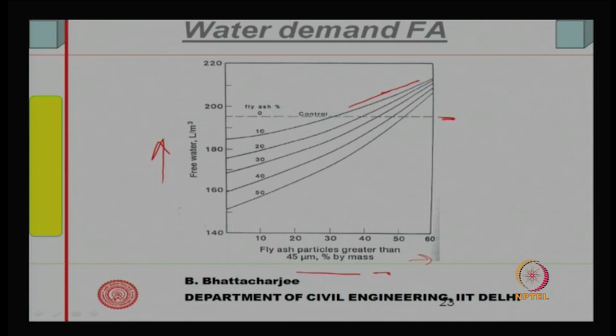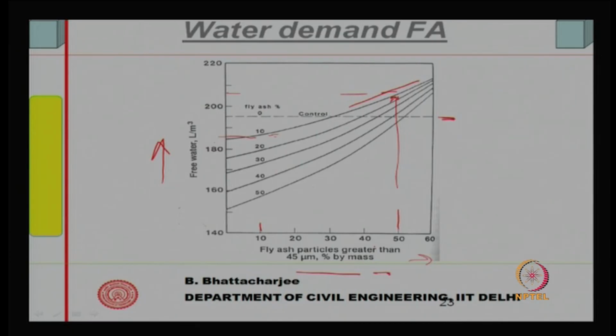With 10% fly ash and 10% particles greater than 45 micron, water demand is somewhere around 190 liters, right. But when particles retained on 45 micron, that is coarser, are more, about 50%, then your water demand will increase.